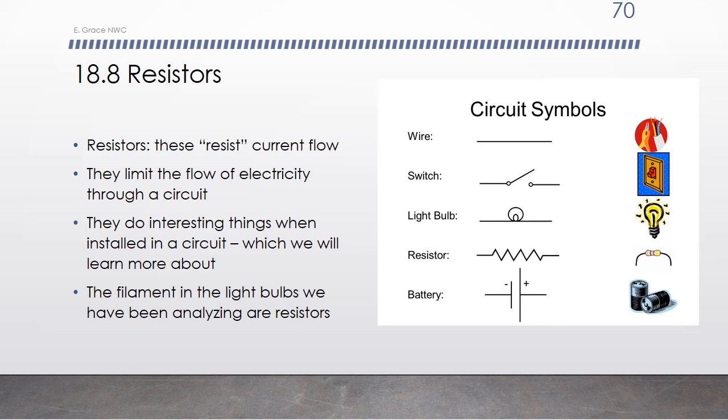And the filaments, as we've talked about before, in light bulbs are resistors. Electrons are working hard to get through there. That's why they're generating all that friction, which is then lighting up the bulb. And by the way, these are some common circuit symbols: wire, switch, light bulb, resistor, battery, which we'll go through in more detail in chapter 19.